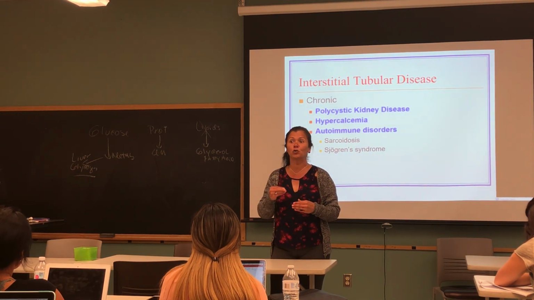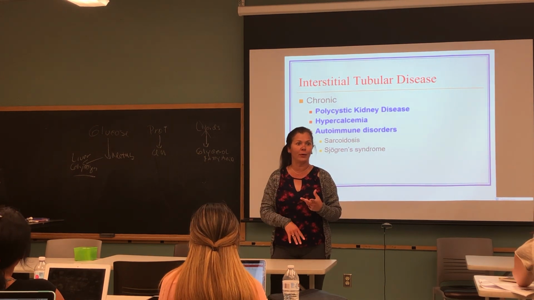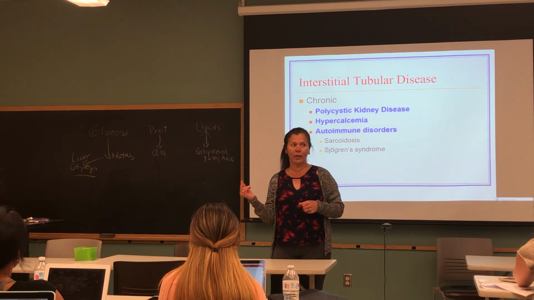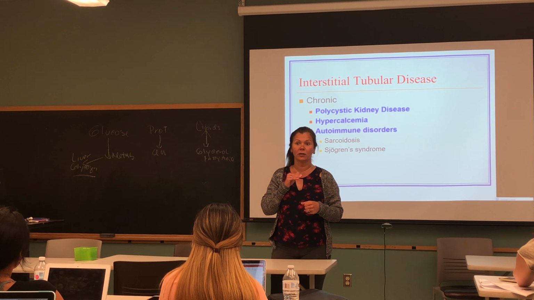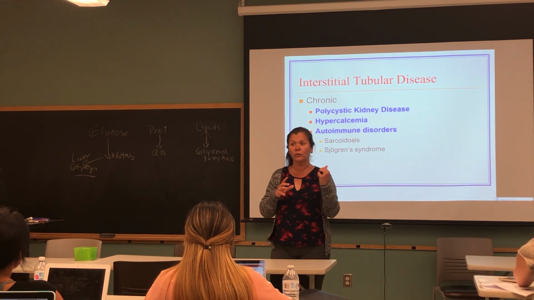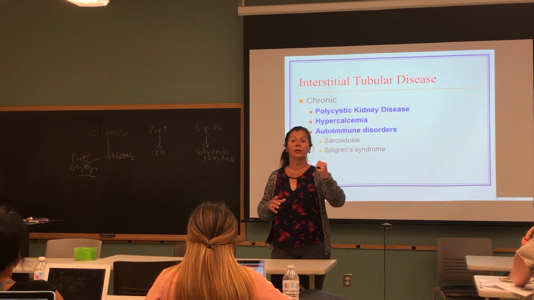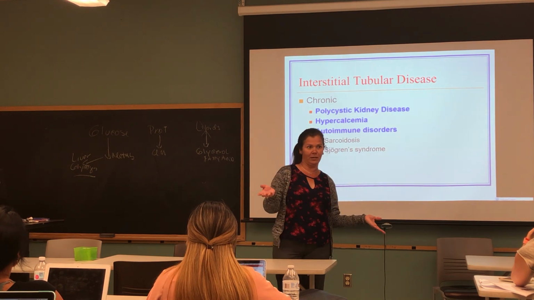And nephrolithiasis is a cause of postrenal. Okay? So any obstruction of the ureter, urethra, bladder will be post. Right? Pre is what goes into the kidney before. Intra is inside the kidney, in the parenchyma. And post is your renal pelvis, your ureter, your urethra, your bladder, and your prostate in the man.